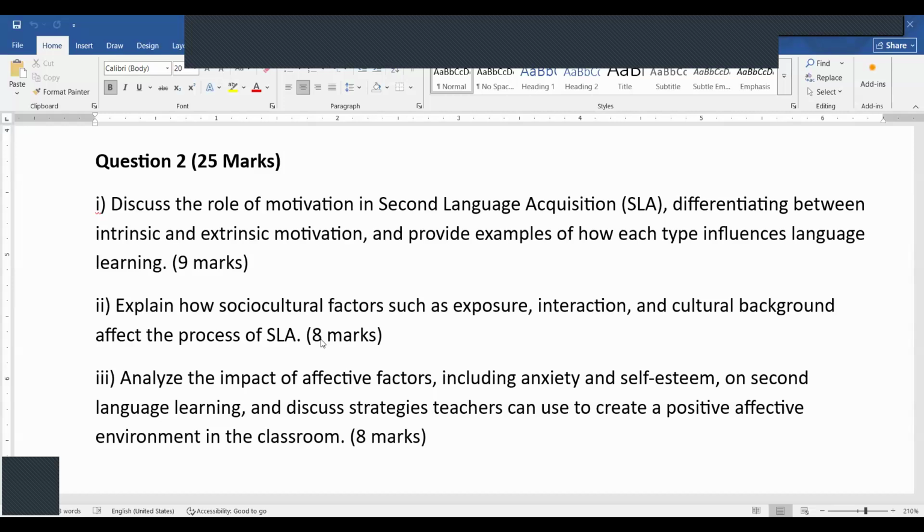Yes. How can you explain it? The ample opportunities are given for them to improve their social cultural factors. So providing ample opportunities in order to improve interaction, yes.